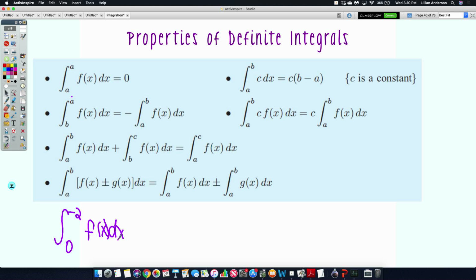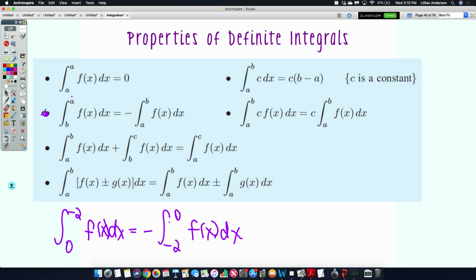If you go from 0 to negative 2, you're going right to left, which you can't have. So you can switch them by negating the entire function. That's what this rule was right here.